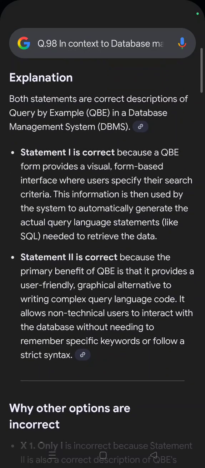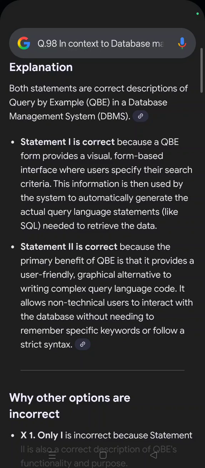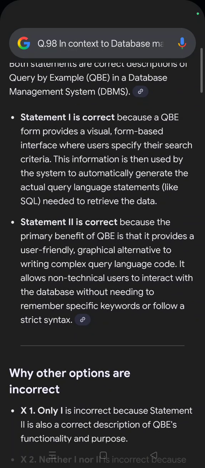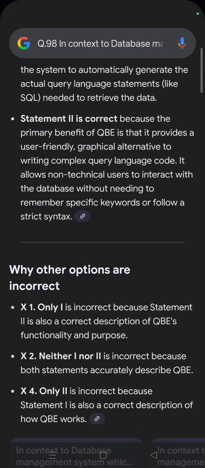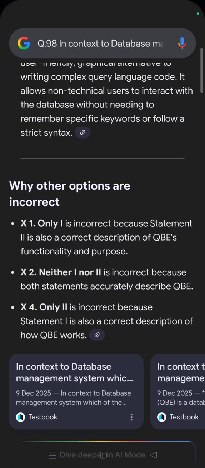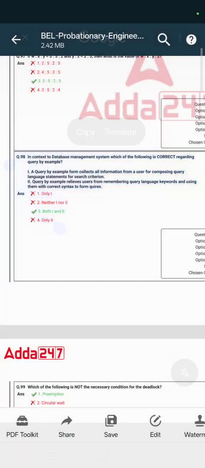Statement 2 is correct because the primary benefit of QBE is that it provides a user-friendly graphical alternative to writing complex query language code. It allows non-technical users to interact with the database without needing to remember specific keywords or follow a strict syntax. Why are other options incorrect?